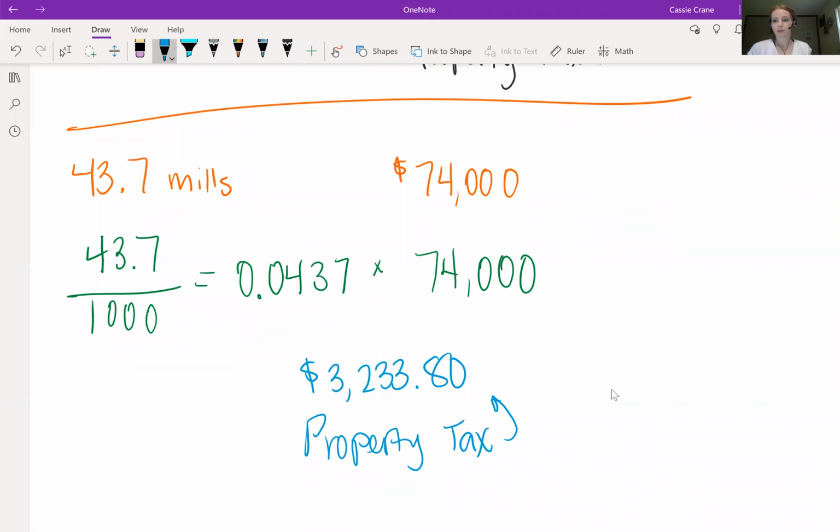Sometimes it can go to educational expenses, such as a new stadium for the high school, things like that. So that's going back into your community. Does that make sense? Any questions on that?